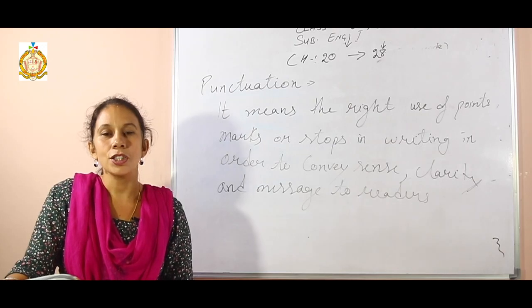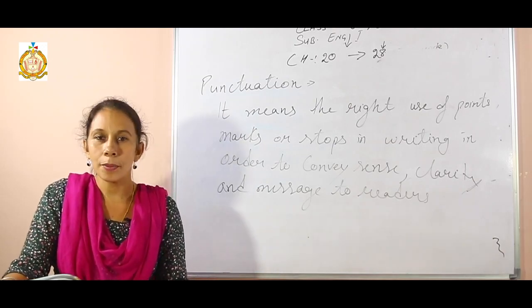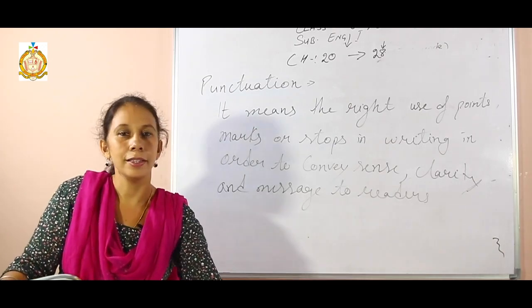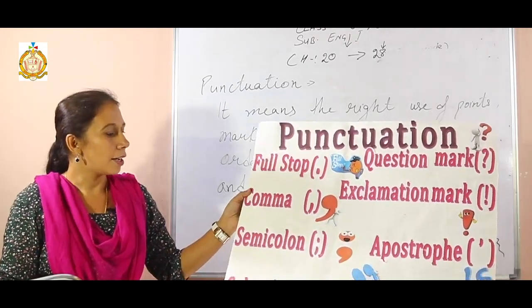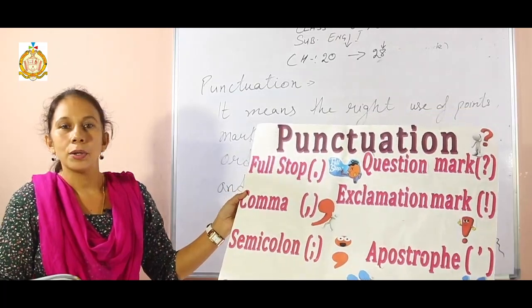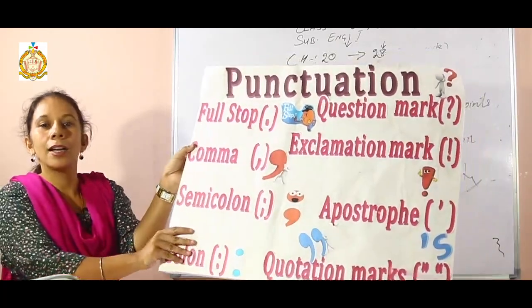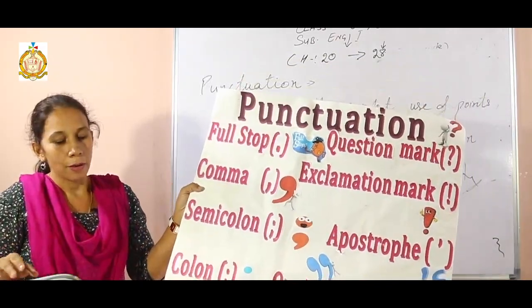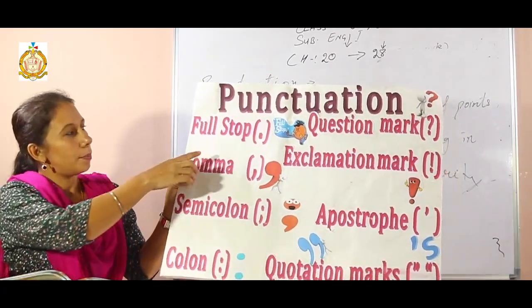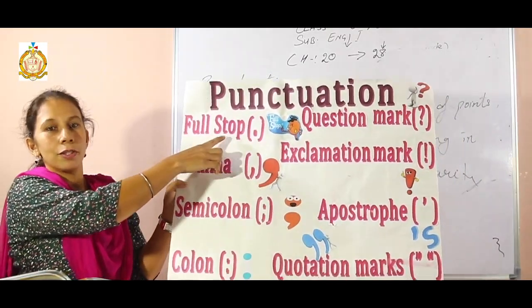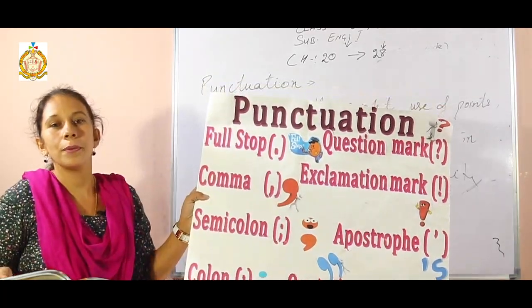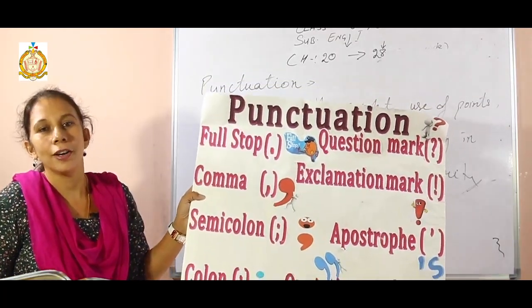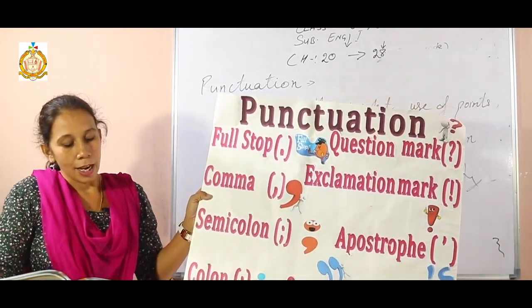So in English there are many types of punctuation marks. I have written for you on the chart that there are 8 punctuation marks in total. First one is full stop, and the symbol of full stop is a dot. You can put it at the end of a sentence.